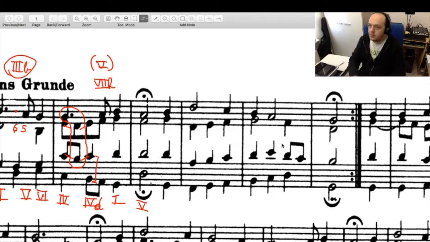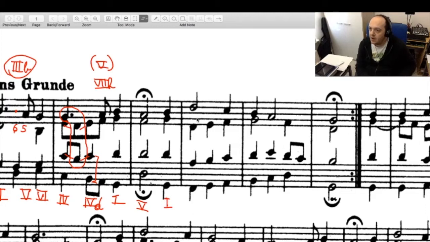Okay, just once more. Let's see. From the G. Analysis. Right, that's chord 1.